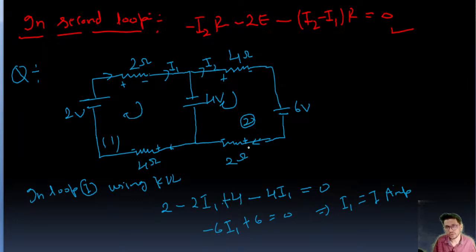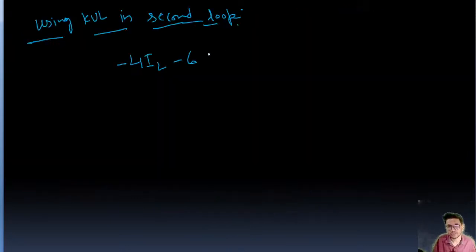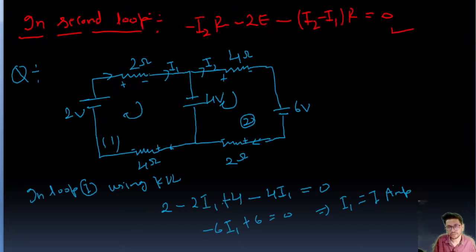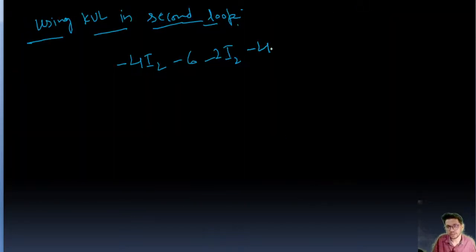So this is going to be minus 2 I2, and here you can see plus to minus means minus 4 equal to 0. So minus 4 I2 minus 6, minus 2 I2 minus 4 equal to 0.